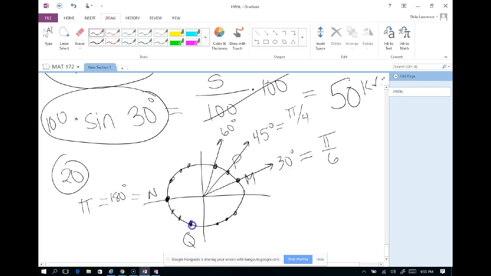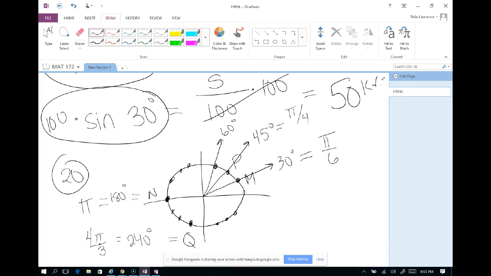And then down here in quadrant 3, that third point in quadrant 3 is 240. And 240, let me see here, is 4 pi over 3. So that's one of the answers they want.